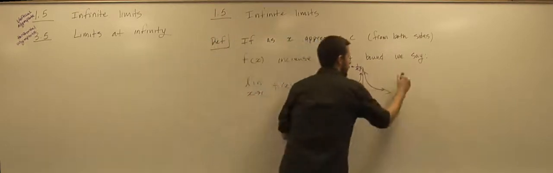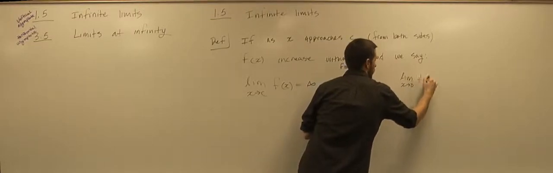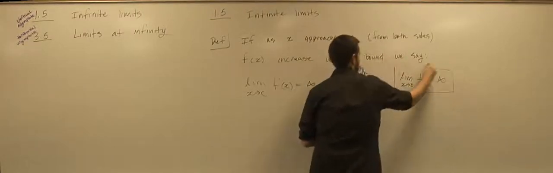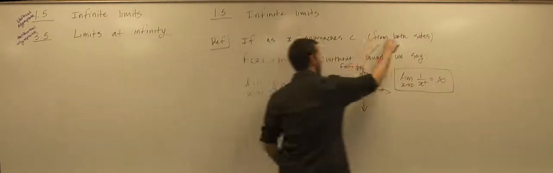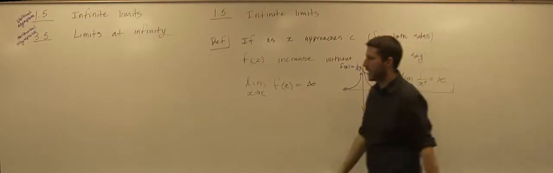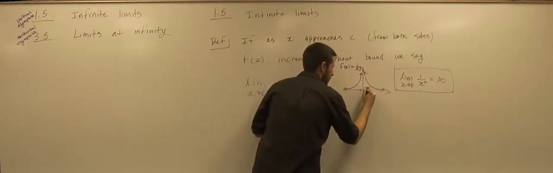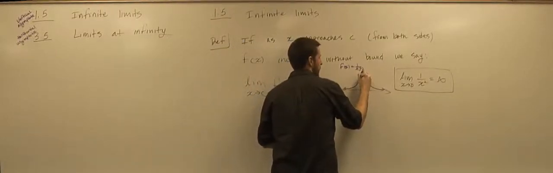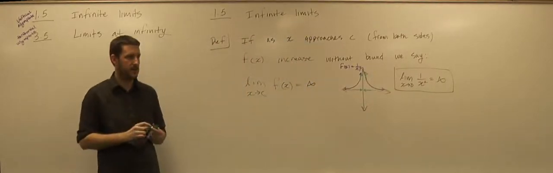And so the limit as x goes to 0 of 1 over x squared equals infinity. Because as you approach 0 on both sides, your function increases without bound. Keeps going up forever and ever.